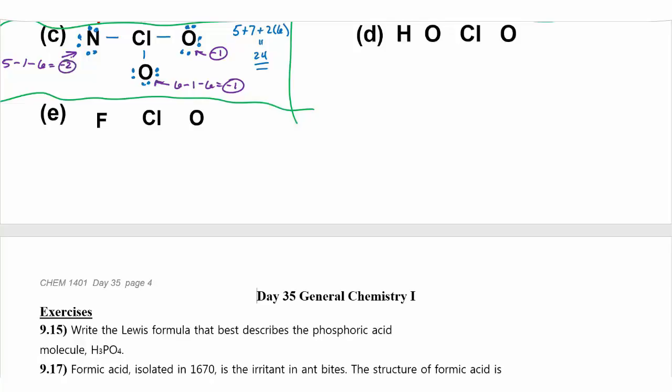It's going to be a -2. So this chlorine is going to turn out to be what? I'm going to have 7 valence minus 3 bonds minus 0, +4. So if I add up all of my formal charges, I get 0. So that's looking correct mathematically.